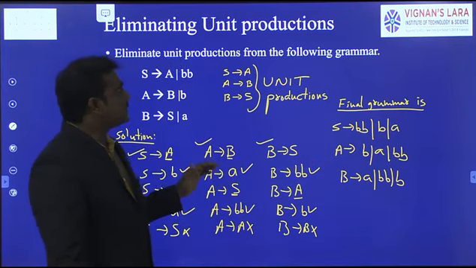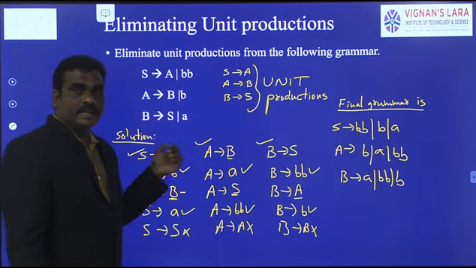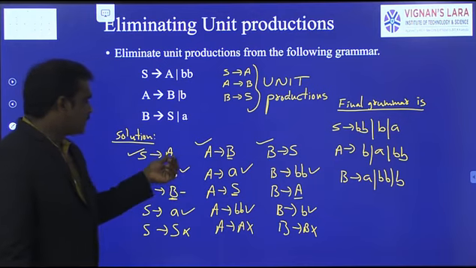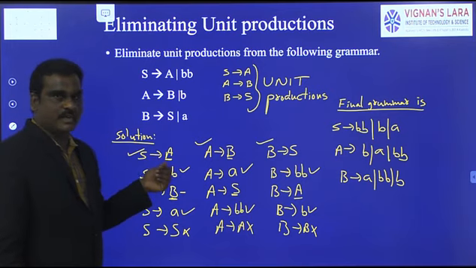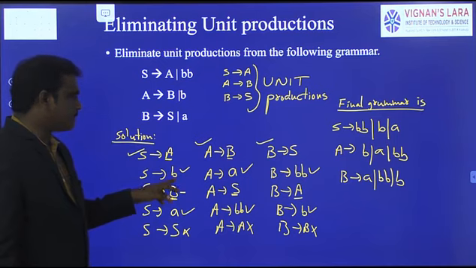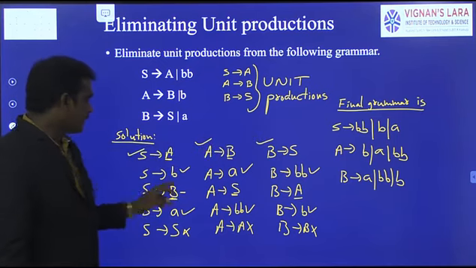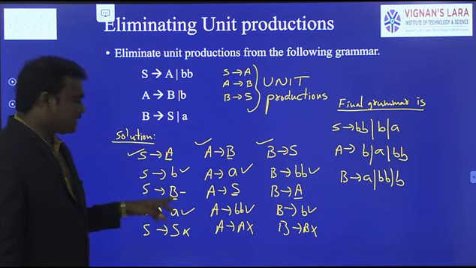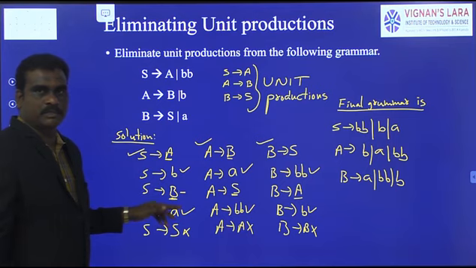Elimination of unit production means simply that whatever the right hand side symbol is, it should be replaced with that symbol's productions. Suppose A is a non-terminal, simply A is replaced with A's productions. One is B, so it is not a unit production. We can include B. Next one, what is the second symbol? B. It is a non-terminal symbol, so again it forms a unit production.